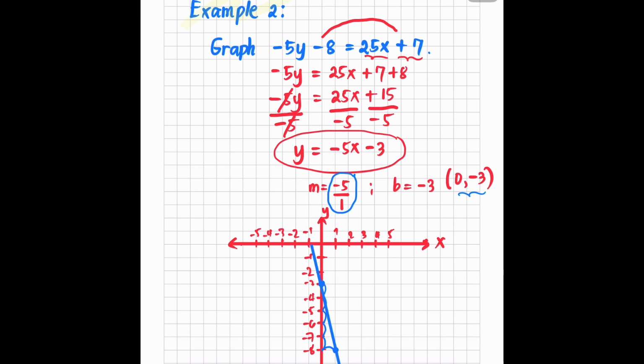Okay. That is the graph of the equation y = -5x - 3. You also learned that the line is falling from left to right, because the slope is negative 5.